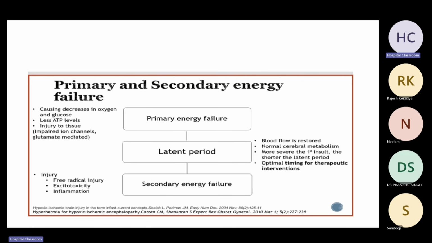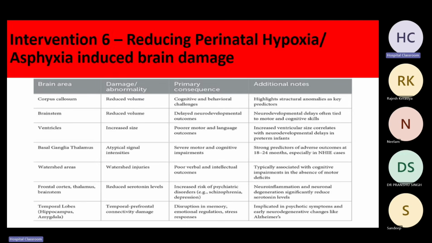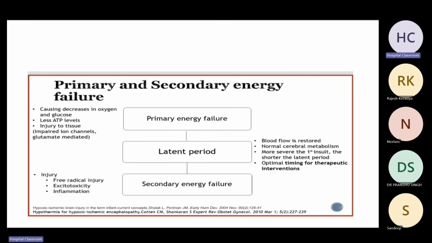Okay, so between 0 to 6 hours of birth of a child, you have that latent phase where if you start therapeutic hypothermia, you are actually slowing down the metabolism of the brain, and you are actually preventing the secondary energy failure which will then ensue.